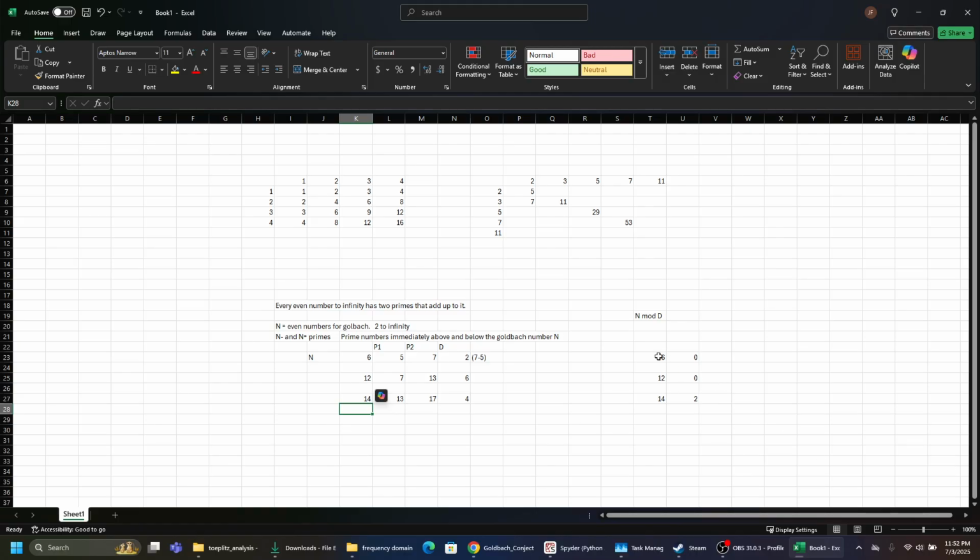Then you would have to fill this in, right? It should be 2, 4, 6, 8, 10, 12, 14. Every one of these has an n mod delta. We figured out this one's a 0, this one's a 0, and that one's a 2.